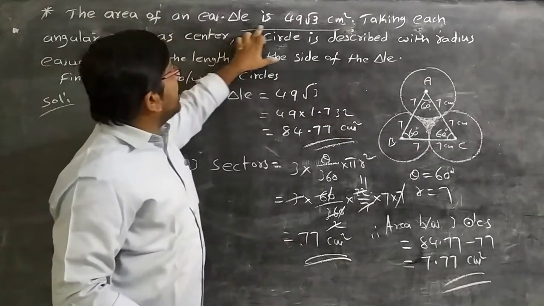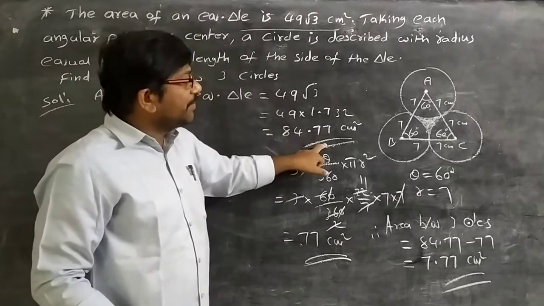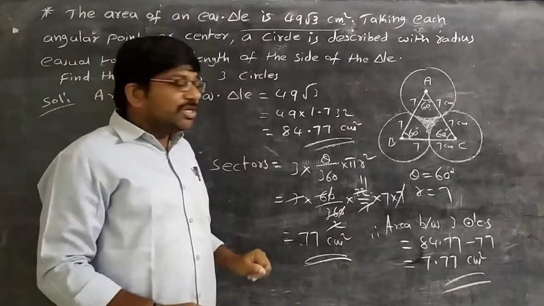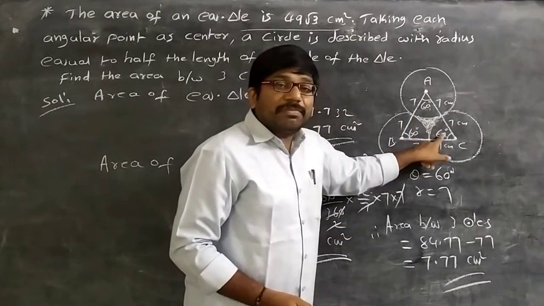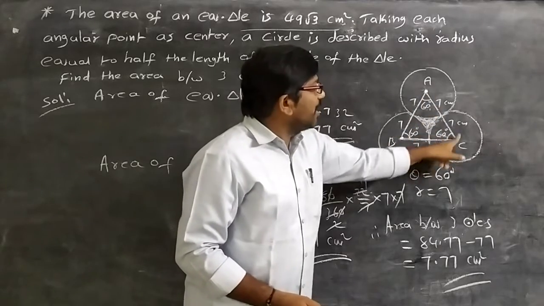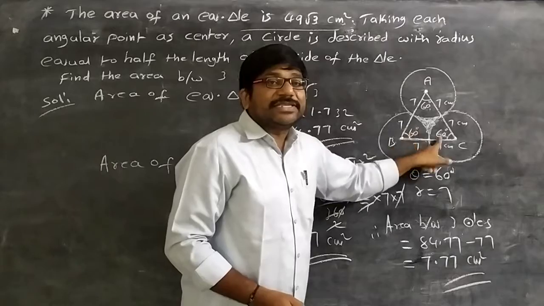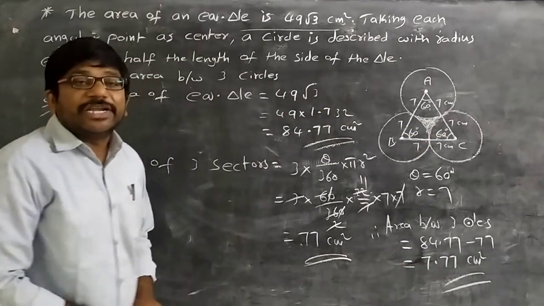What is the equilateral triangle area? 49 root 3, that is equal to 84.77. And what is the area of three sectors? 77. Now we subtract the area of three sectors from the area of the equilateral triangle. We get the area between three circles, that is 7.77 centimeters square.